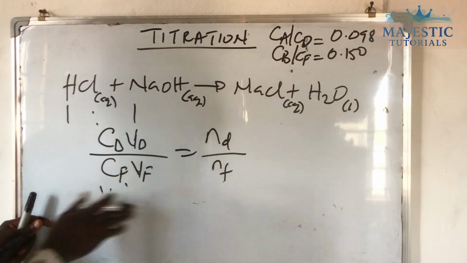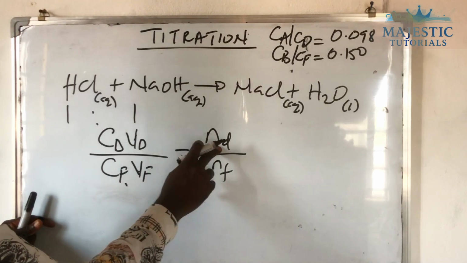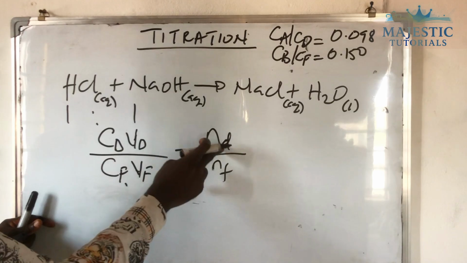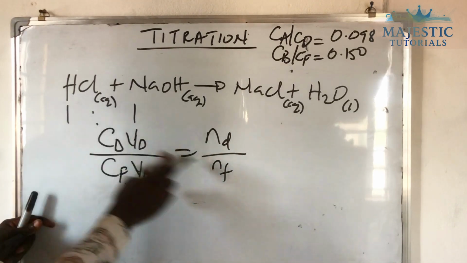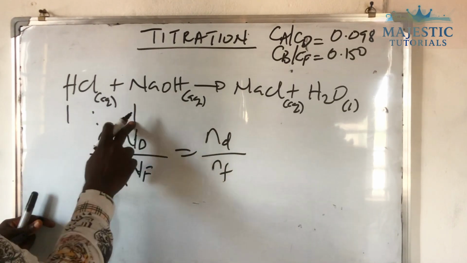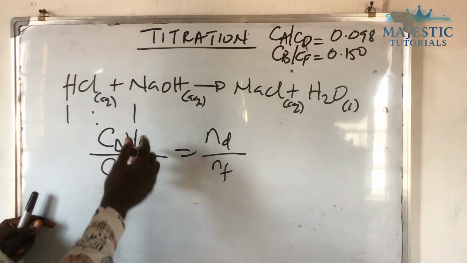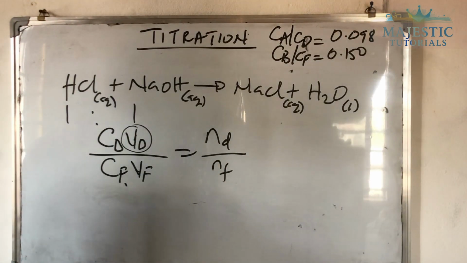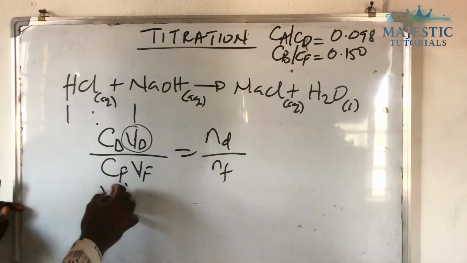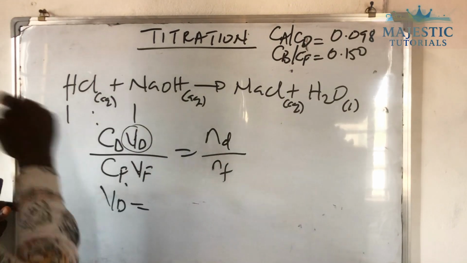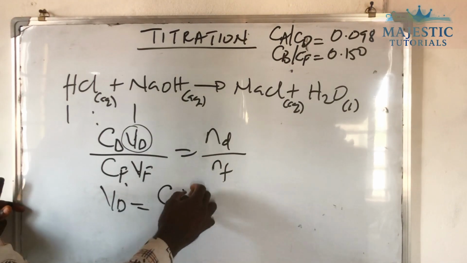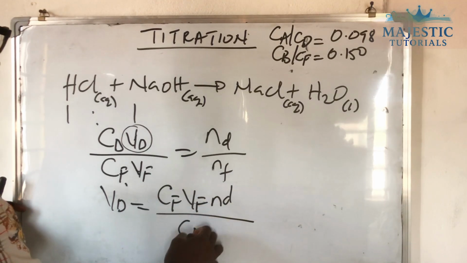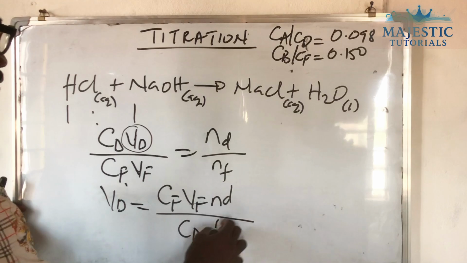All right. So the ND now is the mole ratio of the D, which is this acid, which is 1. Mole ratio of this base, that's the F, is also 1. So here is 1/1. The only thing unknown here is now my VD, and that's why I'm going to do my titration. So I will make it the subject of the formula. What's my VD now? My VD should now be equal to CF VF ND divided by CD NF.